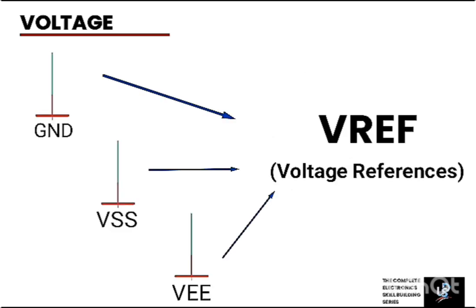VREF is an abbreviation for voltage reference. GND, VSS, VEE are all common voltage references. VREF, also known as voltage reference, is a stable voltage source used as a reference point for other voltages in a circuit.